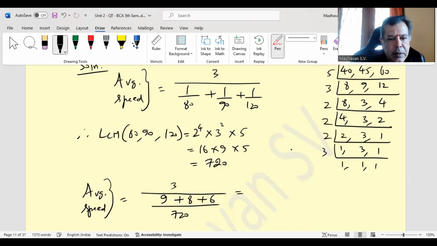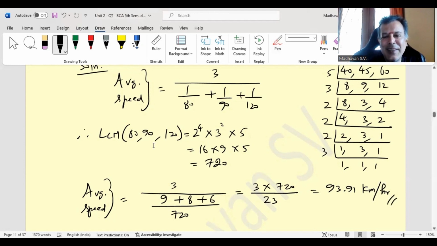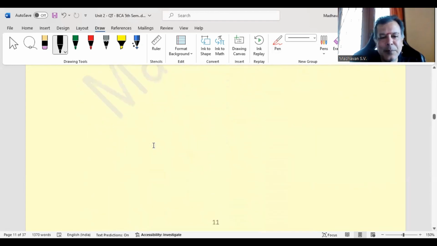So we get 3 into 720 divided by sum of 9 plus 8 plus 6, 23. Now if we calculate, we get 93.91 kilometer per hour. So that will be the average speed of the train. Let us move on to the next question.